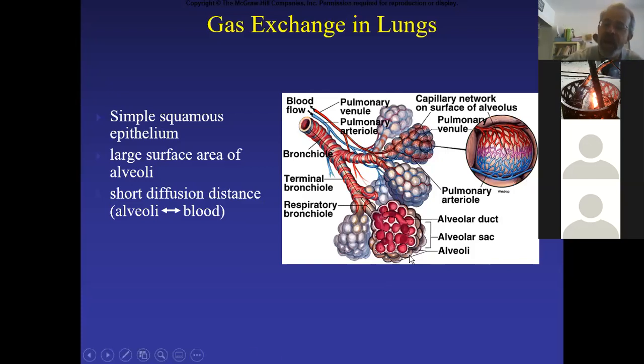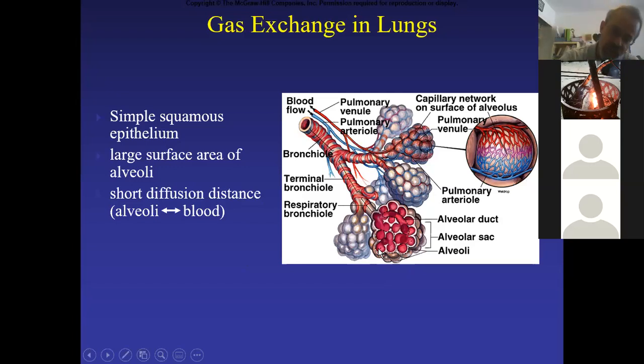And the alveoli are an excellent site for gas exchange because number one, the cells are very flat, simple squamous, as opposed to the tall ones, right? The pseudostratified, at least early on in the trachea. Two, there's a large surface area because there are so many of these grapes, much like the branching of blood vessels.